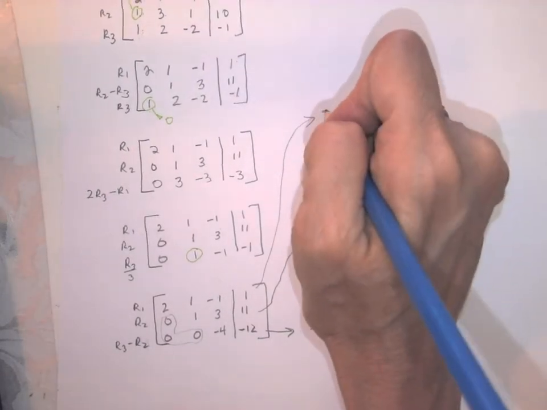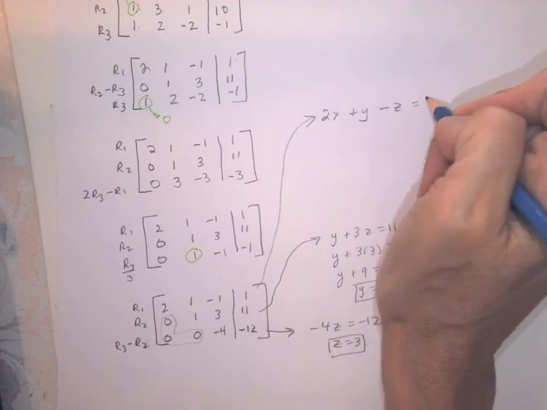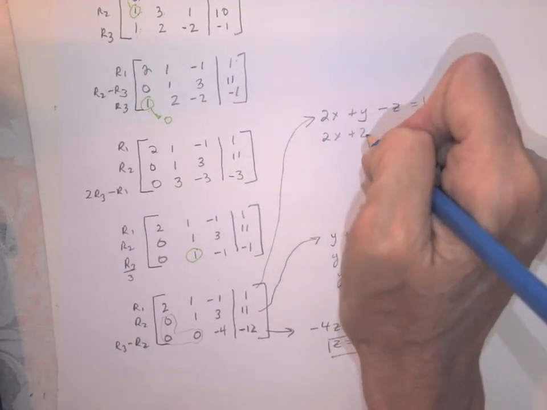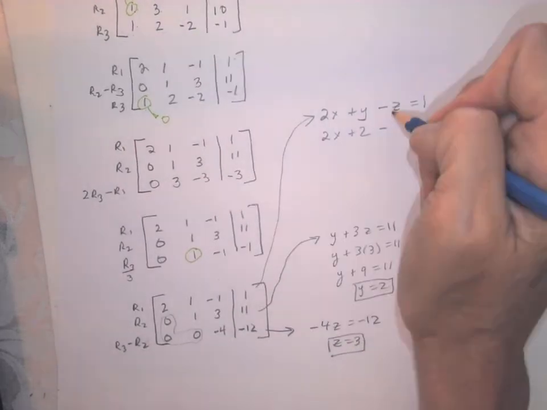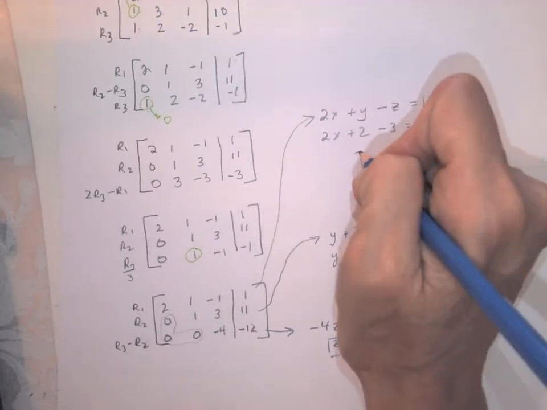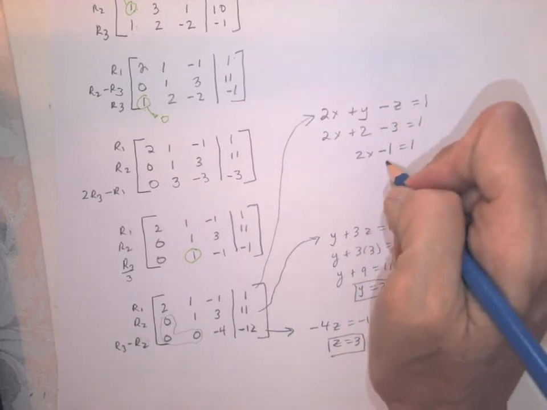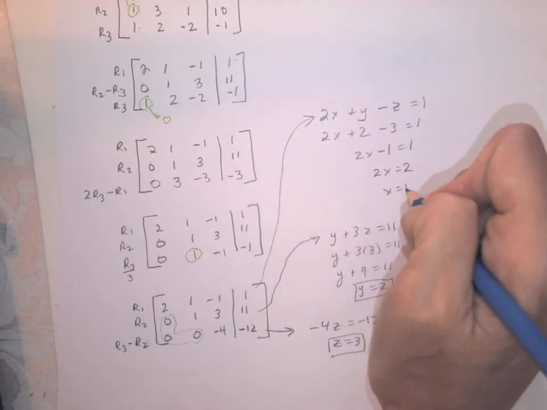So it says that 2x plus y minus z equals 1. 2x plus 2, because y is 2, minus 3, because z is 3, equals 1. 2x minus 1 equals 1. Add 1 to both sides, so 2x is 2, and x turns out to be 1.